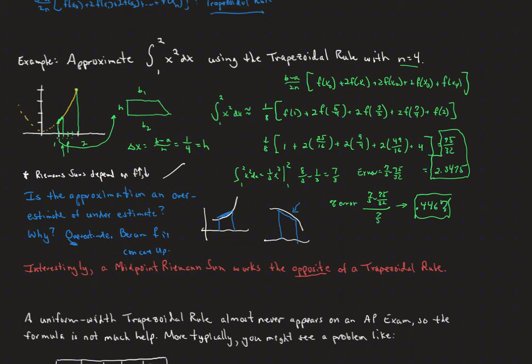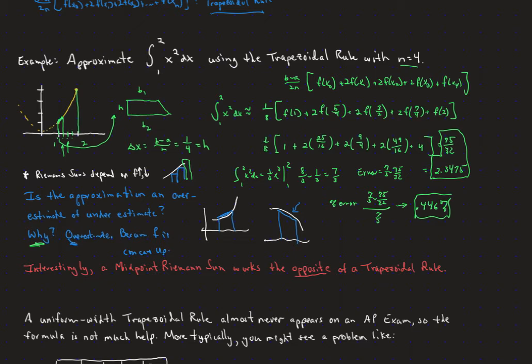So an increasing function, for example, with a left Riemann sum will be an underestimate, and a right Riemann sum would overestimate that area. So in the case of Riemann sums, rectangles, if you're asked why an approximation is an overestimate or underestimate, your answer has to address whether f is increasing or decreasing.